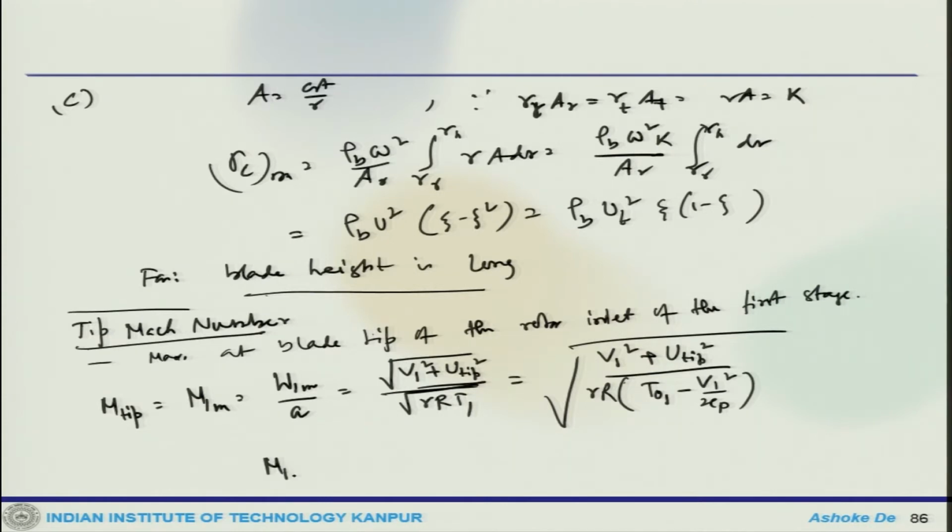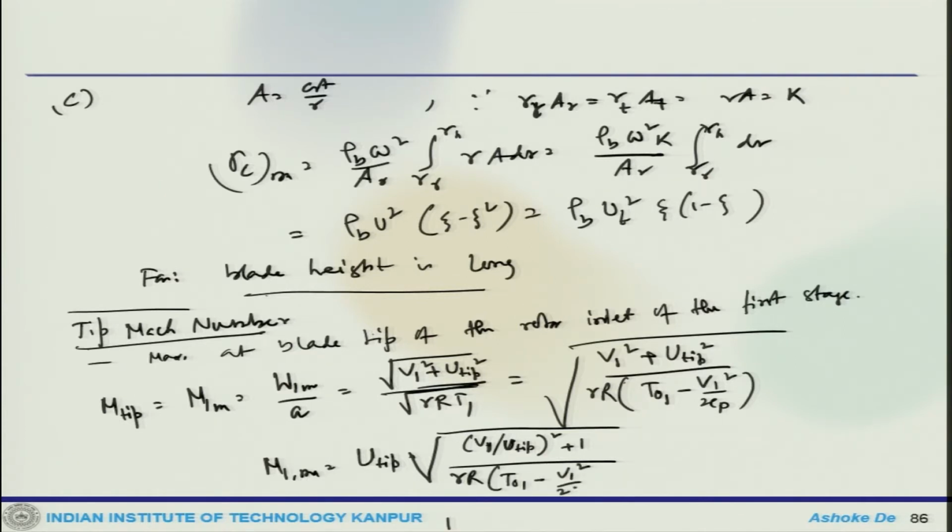So, M1 max would be U tip, V1 by U tip square plus 1, by gamma R T naught minus V1 square by 2 Cp.